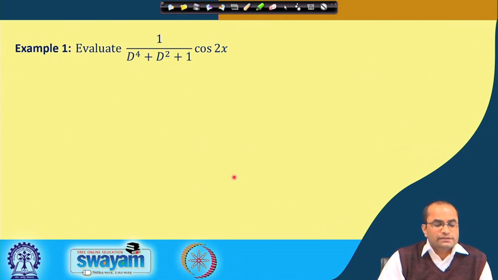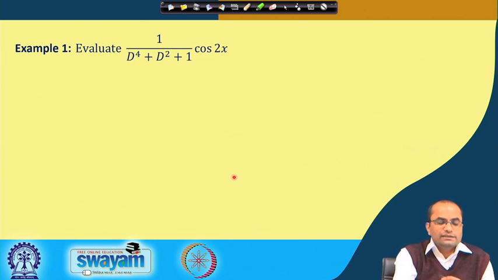Let us take an example based on this. We would like to evaluate 1 over (D⁴+D²+1) cos 2x. This is a particular integral of a differential equation.